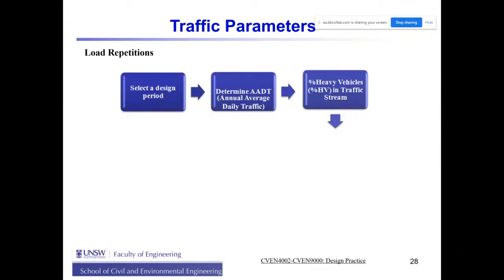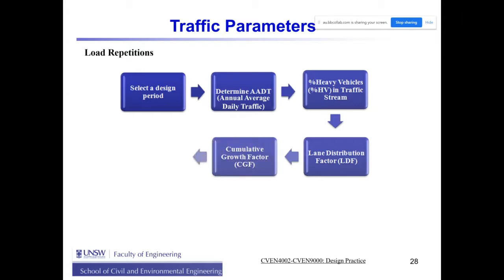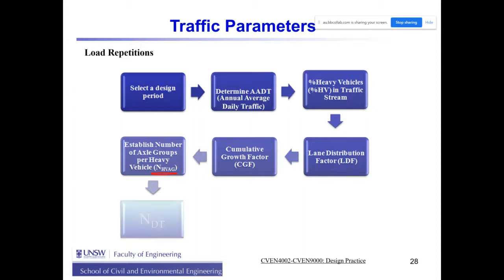The light vehicles won't affect our design. Then the lane distribution factor, LDF parameter. After that, the cumulative growth factor. Then we need to determine parameter N that I already explained to you, the number of axle groups per heavy vehicle. And by having these six terms, we can determine NDT.